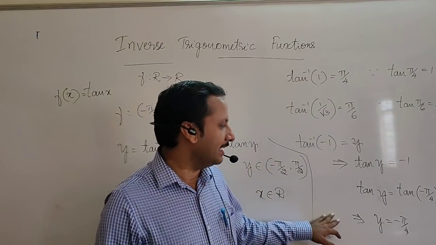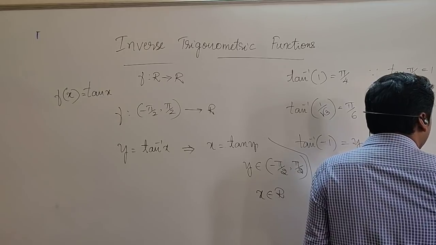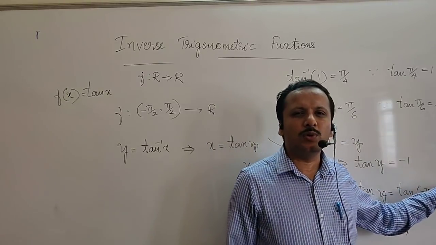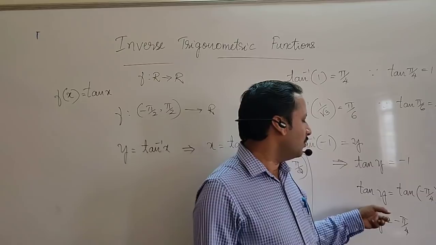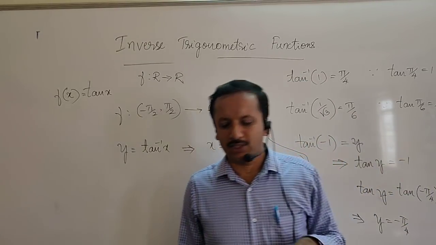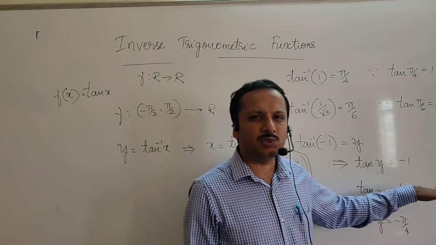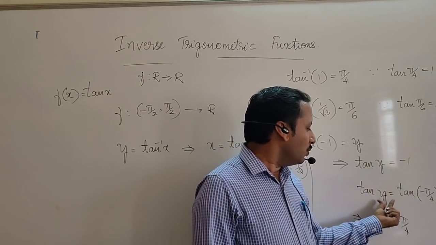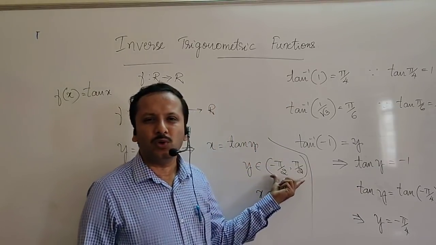Now you may be thinking, sir, why can't we write minus 1 as tan 3 pi by 4? Tan 3 pi by 4 is also equal to minus 1. Then why not y is equal to 3 pi by 4? Even though it is true that tan 3 pi by 4 is equal to minus 1, this y should be in the interval minus pi by 2 to pi by 2.